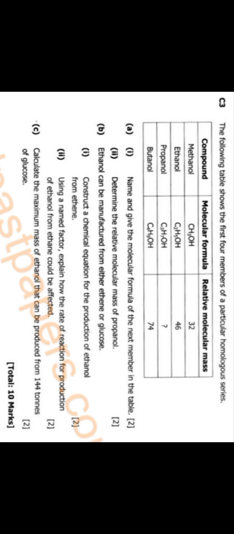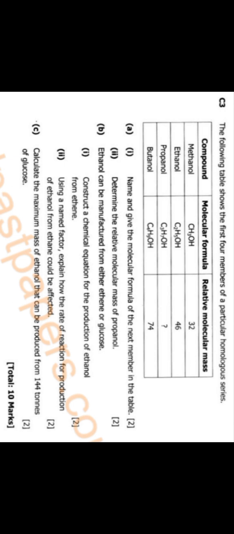You will get your 2 marks when you write that.